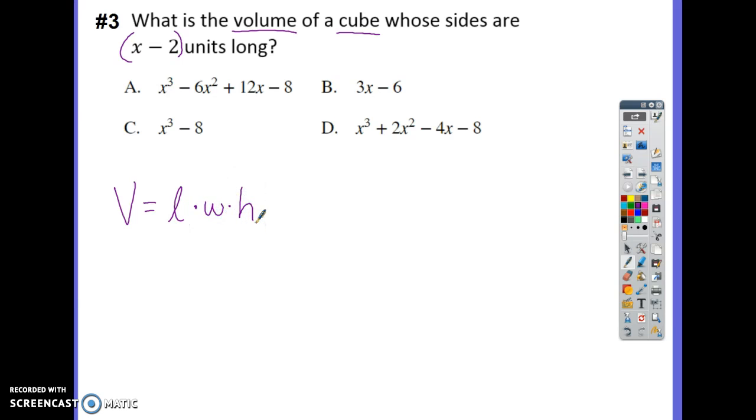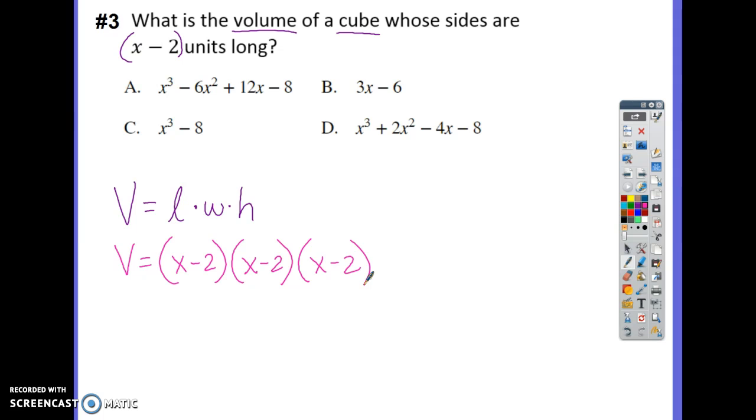So it's 3 times itself, right? So this x minus 2, that's what you're going to be multiplying. X minus 2 times x minus 2 times x minus 2, because a cube has all the same side, and you have to do it 3 times itself.